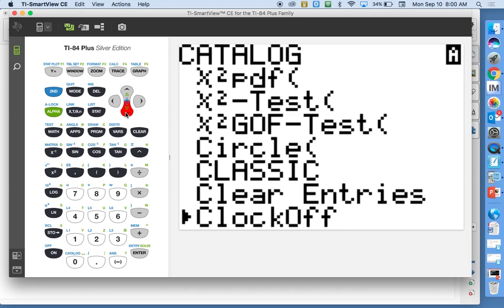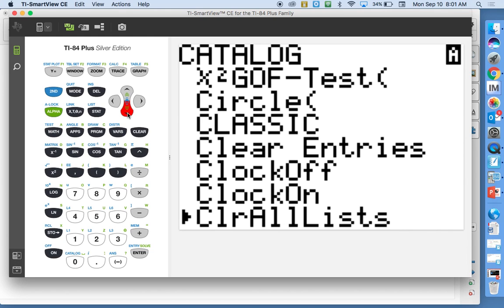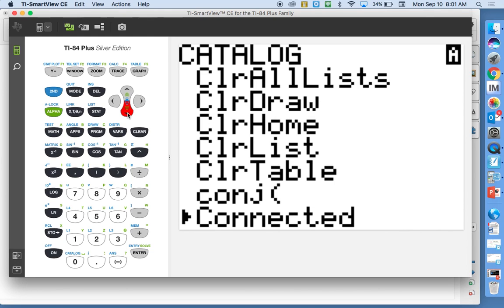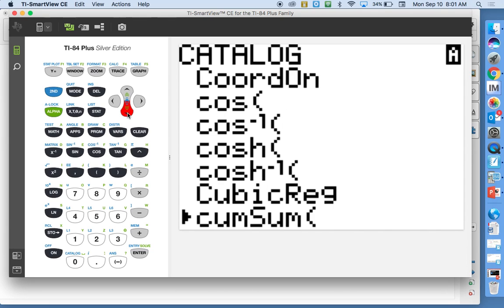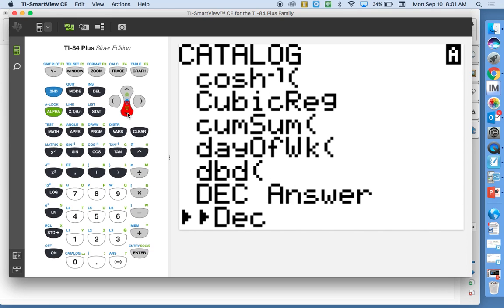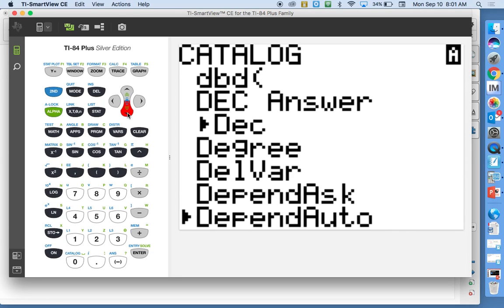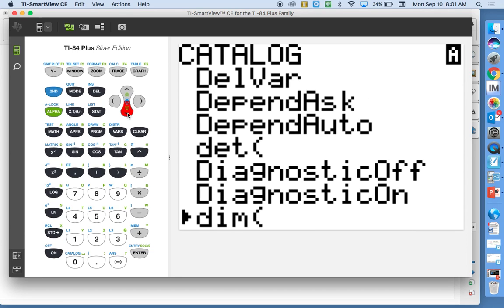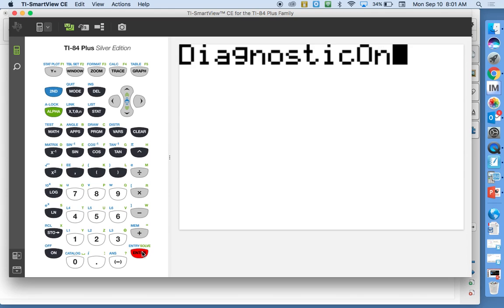So you see diagnostic on. There we go. So diagnostic on. Again, you just need to do this once. You won't have to do this part again. Hit enter. Hit enter again, and it should say done.